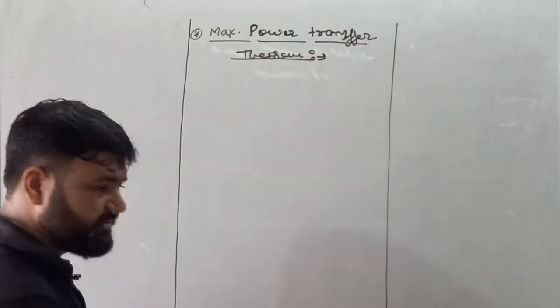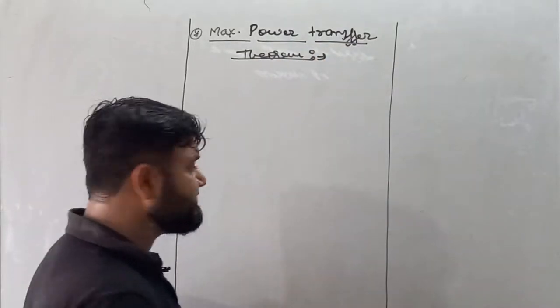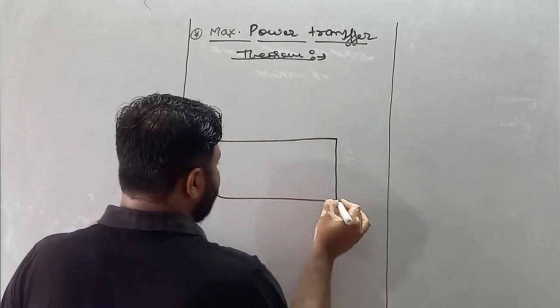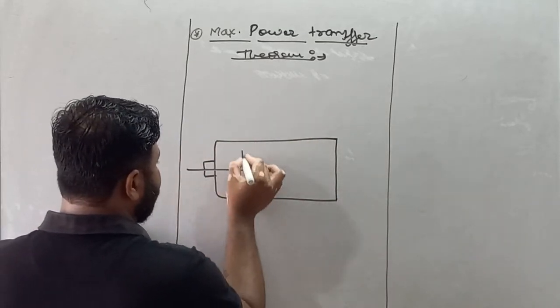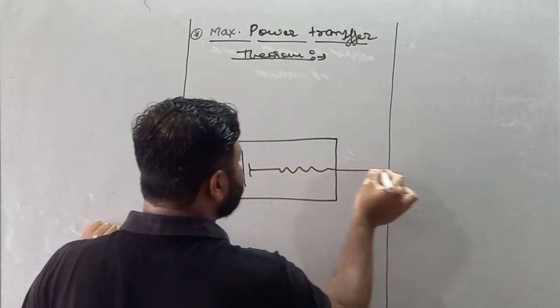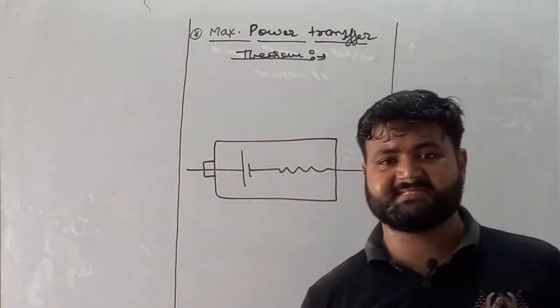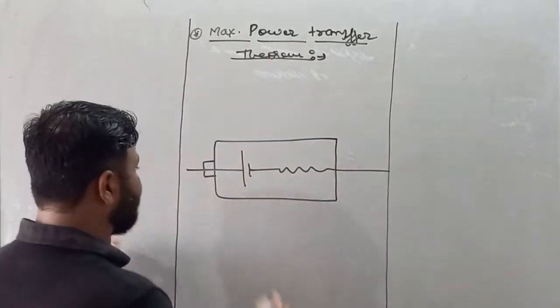So see, my dear students, what this topic actually is. Let's suppose we have a practical battery, and we know about the practical battery now. A practical battery carries two things: one is the terminal and the second is the internal resistance.